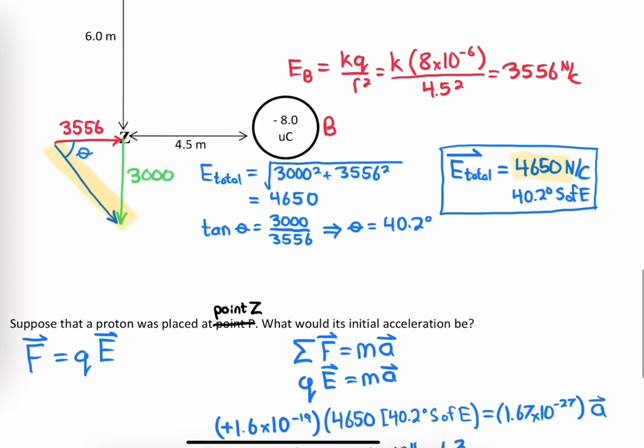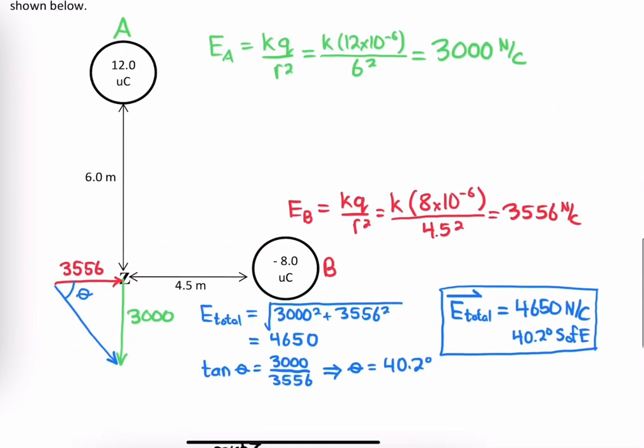So, what's happening is, because of these two charges, I have two sort of different electric fields, or parts of an electric field that are created here, like this and like this. But because there can only be one overall electric field at a given point, those two pieces combine together so that at point Z, I have an electric field that looks like this.